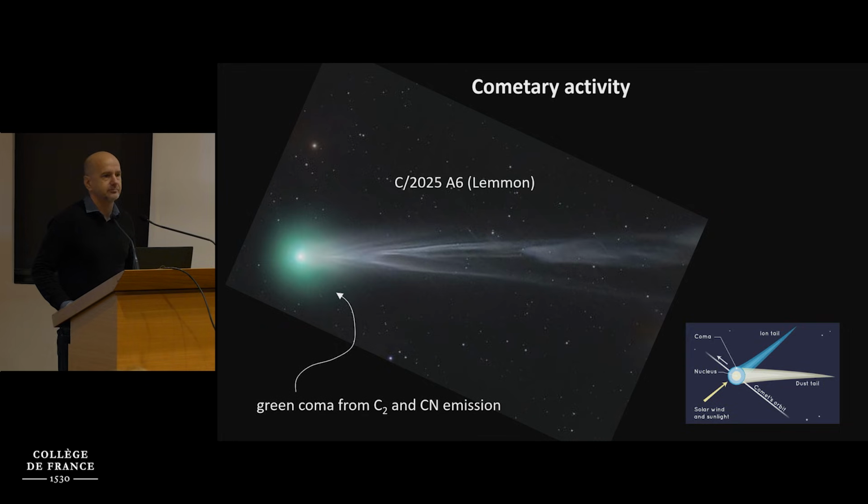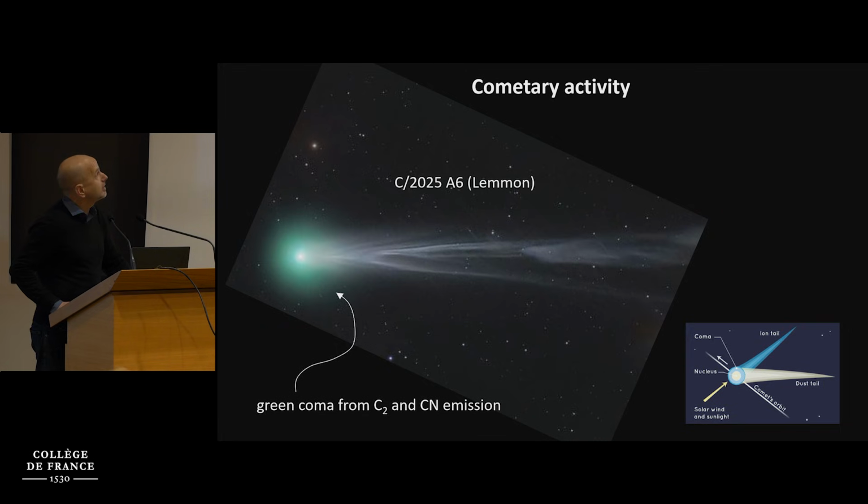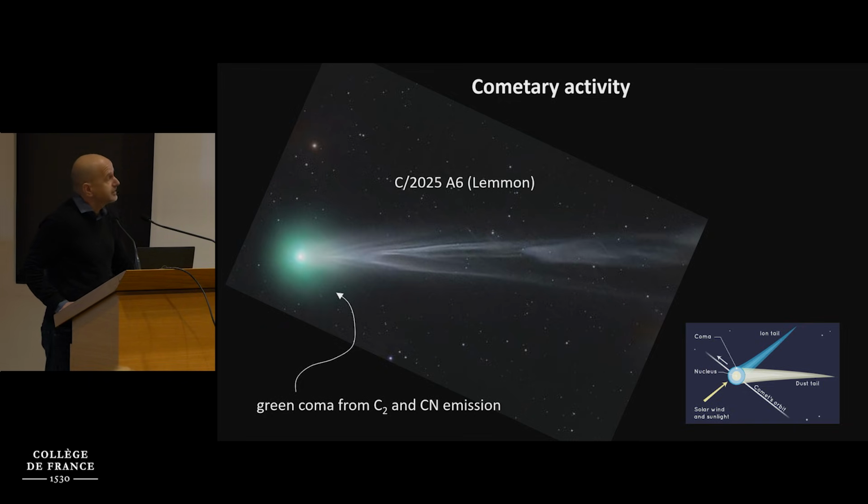This is an example of a comet from this year. Comet Lemmon shows the two characteristics that are famous for comets, which are the coma and the tail. The coma is composed of gas and small dust particles that are ejected from the comet nucleus.